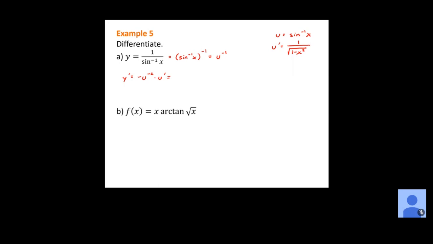So now we can substitute everything back in here. So we're going to get negative arc sine of x to the negative 2 times 1 over the square root of 1 minus x squared.